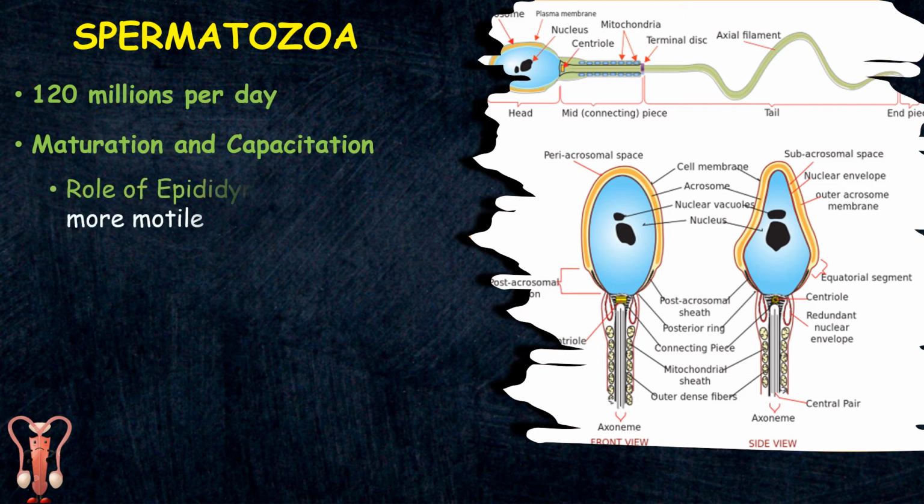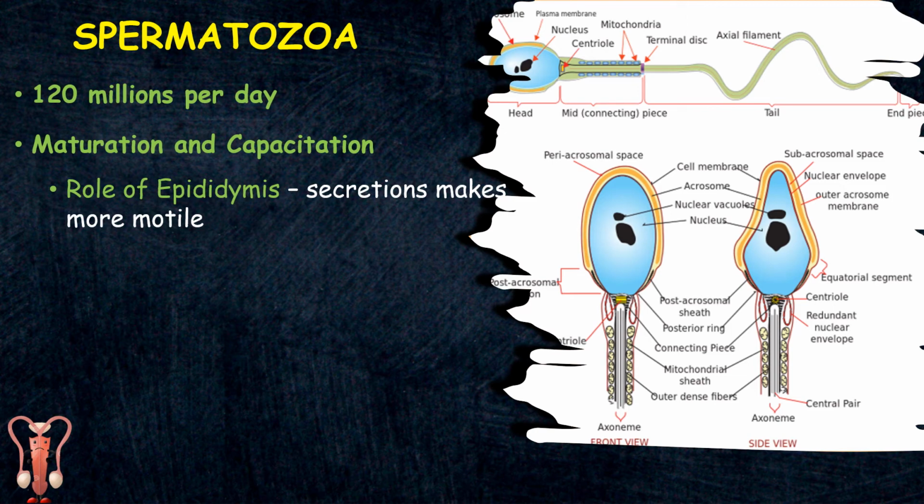Maturation and capacitation. The role of epididymis. Fully developed spermatozoa are released into the lumen of the seminiferous tubules. From there they reach the epididymis after passing through the rete testis and the efferent ducts of the testis. The epididymis is the site of extratesticular maturation of the spermatozoa.